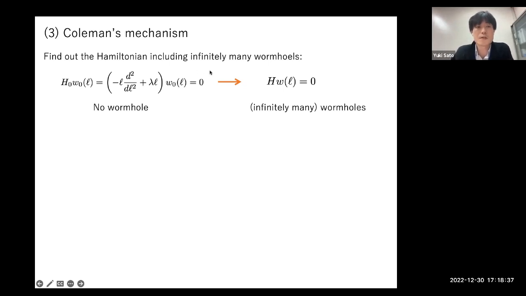So this is essentially the Wheeler-DeWitt equation. And then, if we include infinitely many wormholes non-perturbatively, we know this Hartle-Hawking function, which is expressed by the Airy function. And we wish to determine this H, this Hamiltonian.